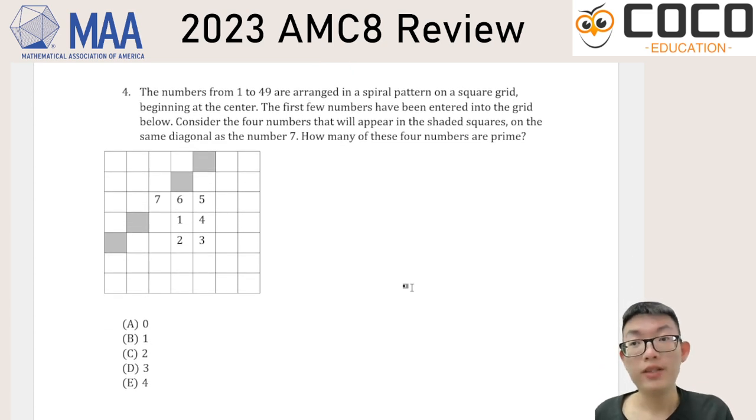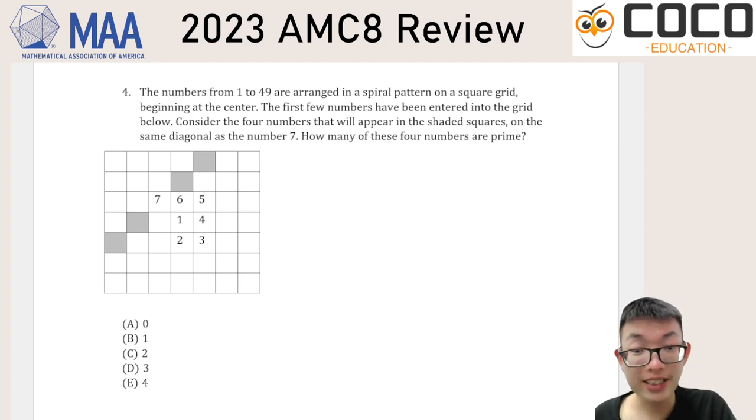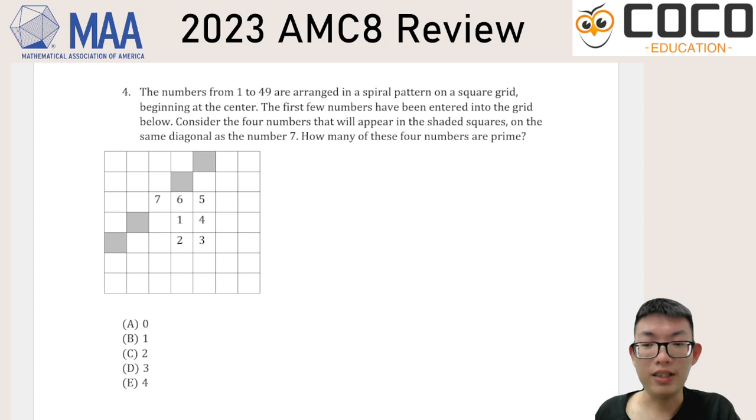Question 4. Your numbers from 1 to 49 are arranged in a spiral pattern on the square grid, as we can see. And we are asked how many of the 4 numbers in the shaded squares are prime. I feel that for something like the AMC8, you want to focus on saving thinking time just as much as you want to save calculation time.